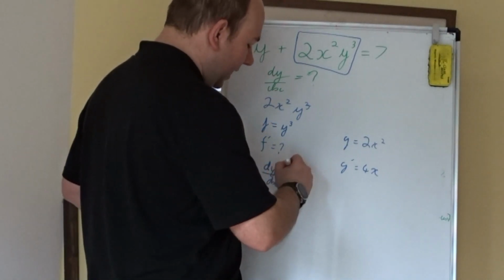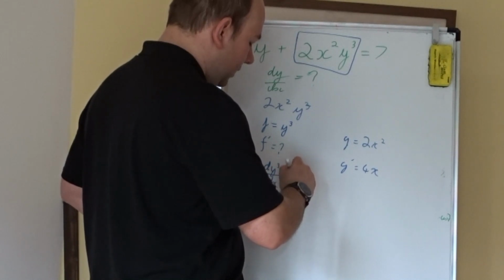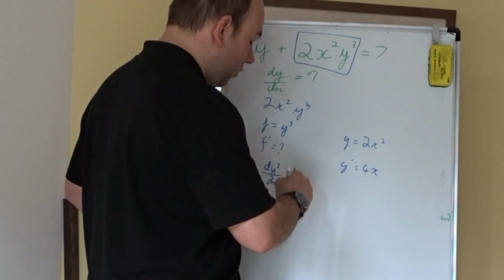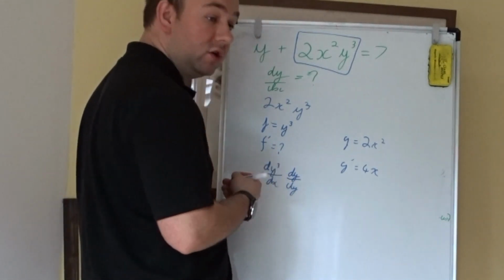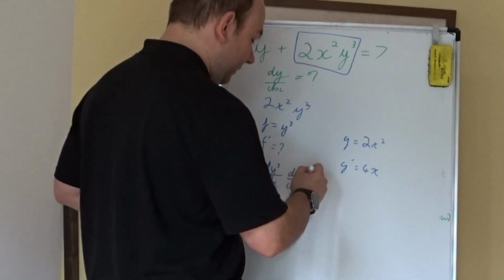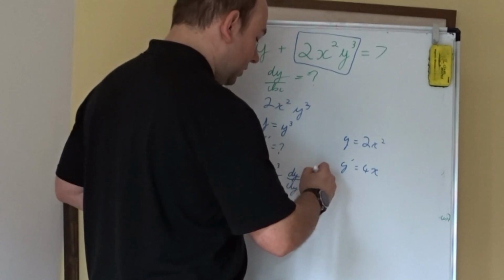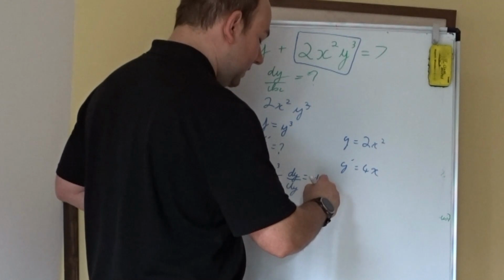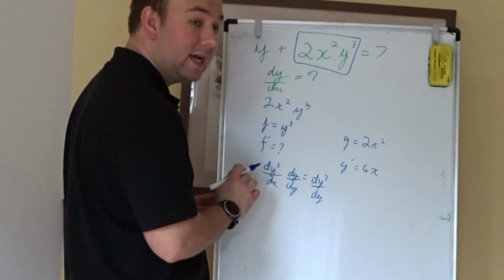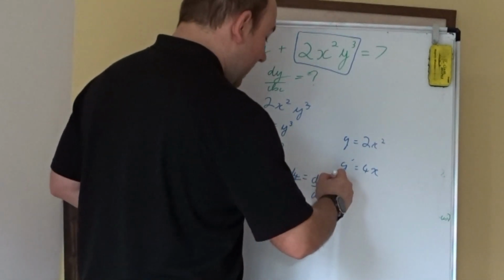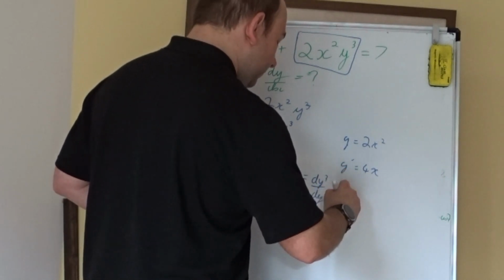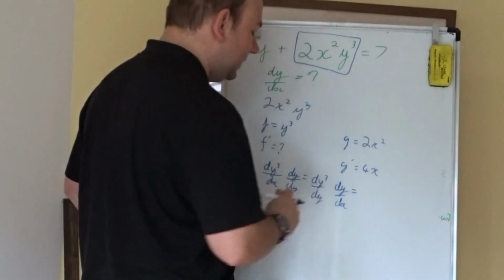However, if I multiply this by dy by dy, which is basically doing the product rule, what we end up with is this is equal to dy cubed over dy, swapping the order of dy and dx, multiplied by dy by dx.